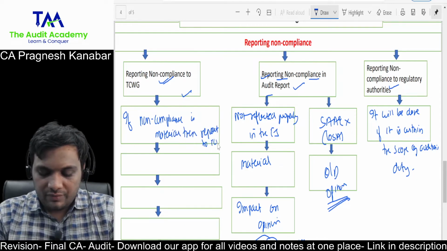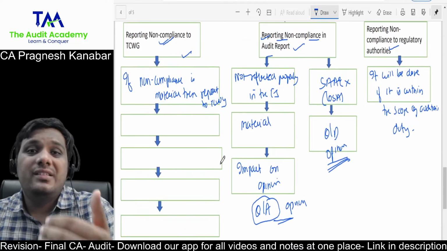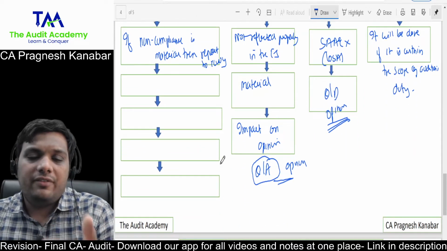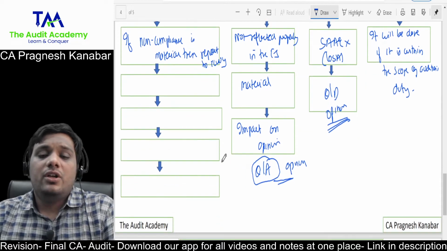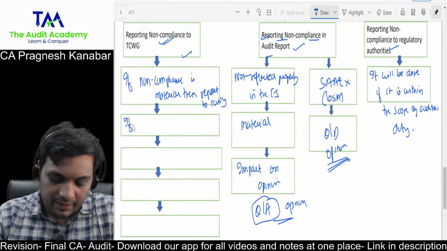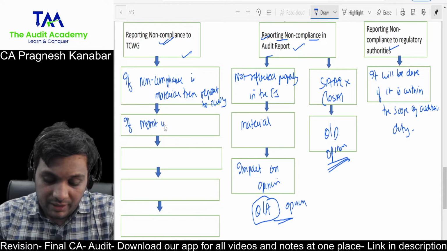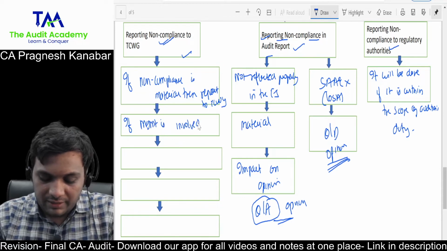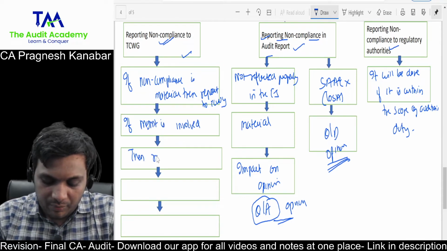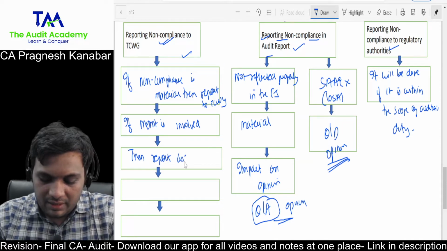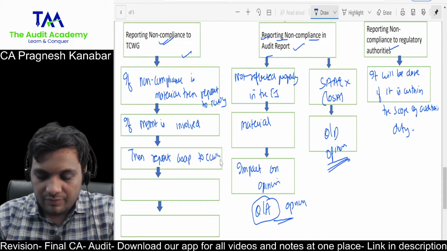All the consequences, who was involved and everything, you need to report whatever evidence you have got to TCWG. If you think that management is involved, then report ASAP to TCWG.